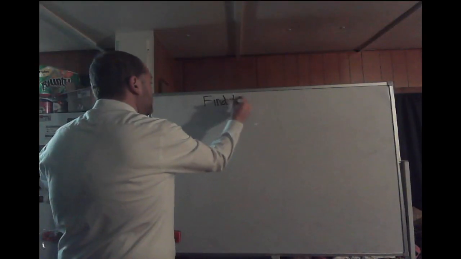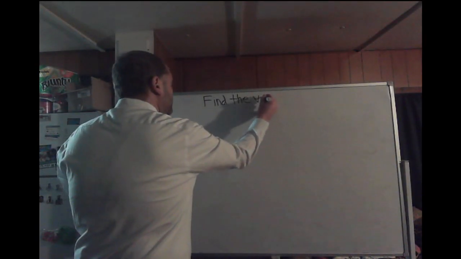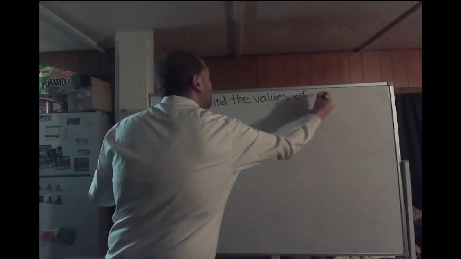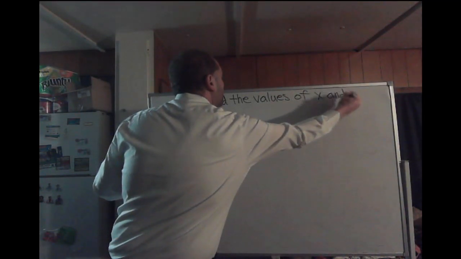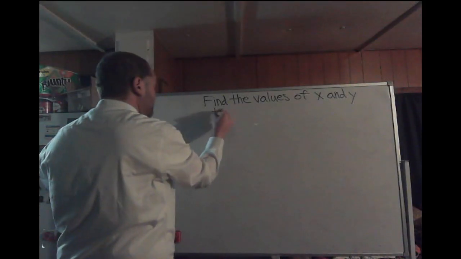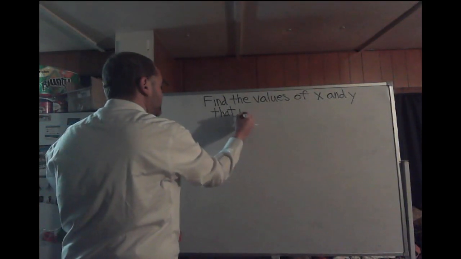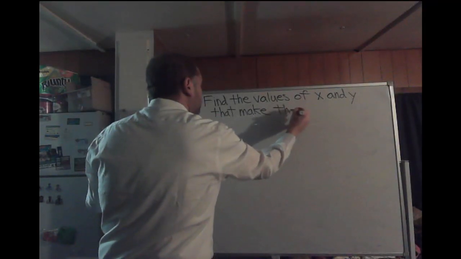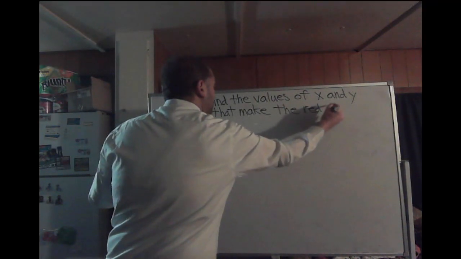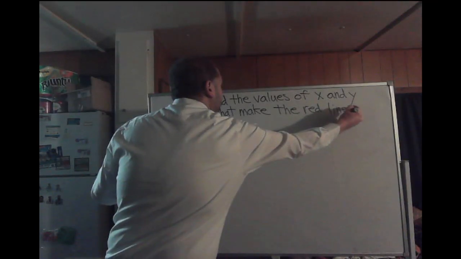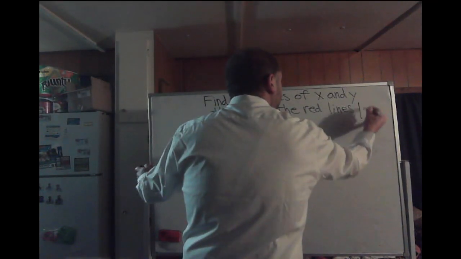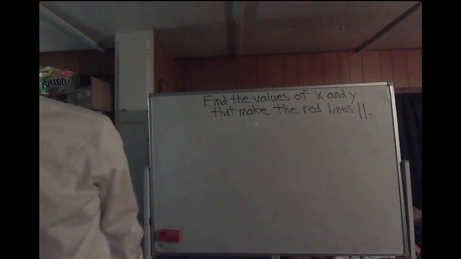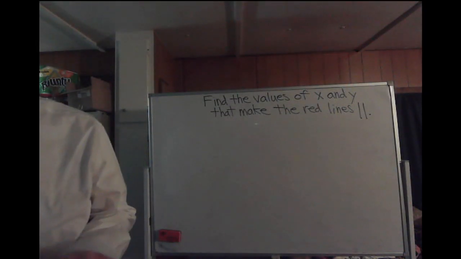Find the values of x and y that make the red lines parallel. So we're going to find some values of x and y that make lines in red parallel to each other.